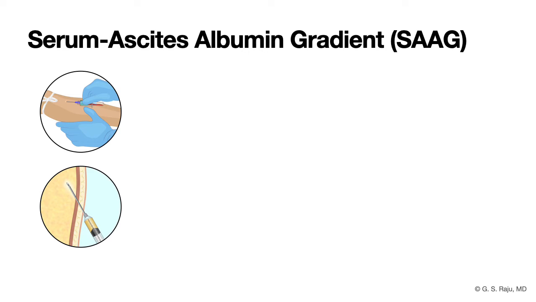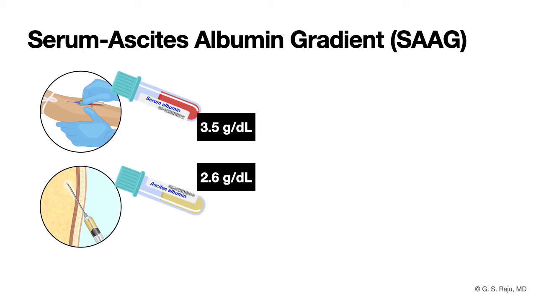You take the blood draw and the serum albumin is 3.5 grams. And on the same day, the ascitic fluid albumin is 2.6 grams per deciliter. So if you subtract 2.6 from 3.5, it is a value of 0.9. That is the serum ascites albumin gradient.